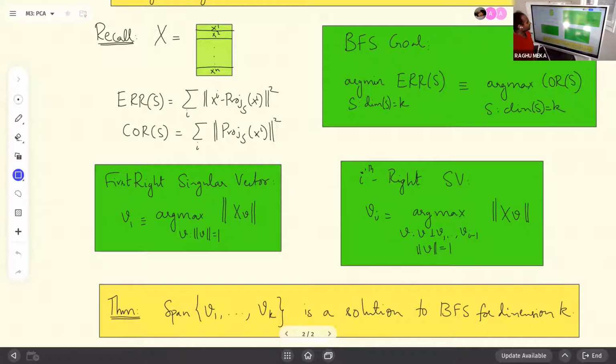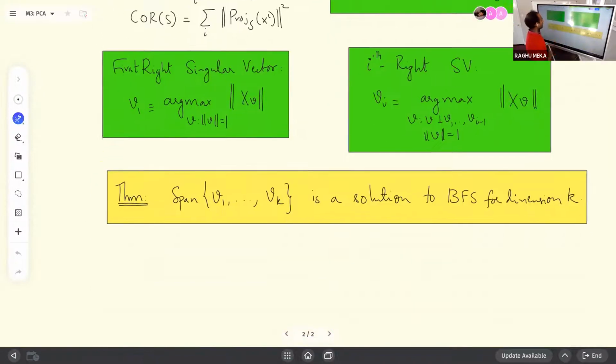And given any subspace S, we are looking to minimize the error, defined as the difference between the point and the projection to the subspace, or maximize the correlation with the subspace, which measures how much of each vector is contained within the subspace, right? And we defined the goal for this problem of best fit subspace as either to minimize the error or equivalently to maximize the correlation. This was something that we showed.